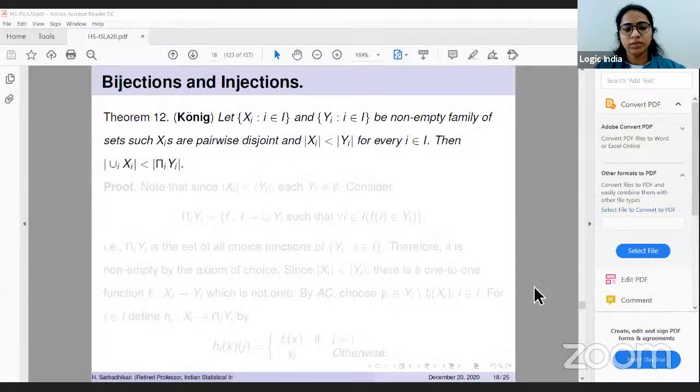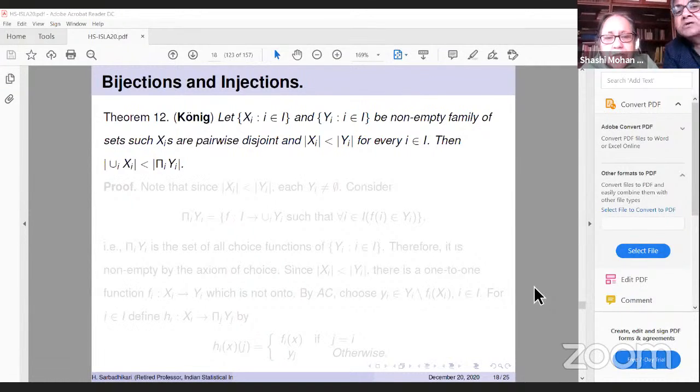Yeah, now you can do. Yes, it's visible now. Let me make it full screen.